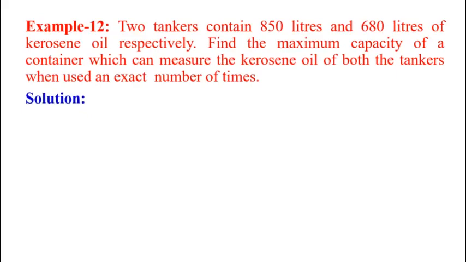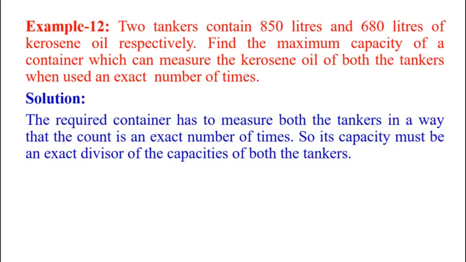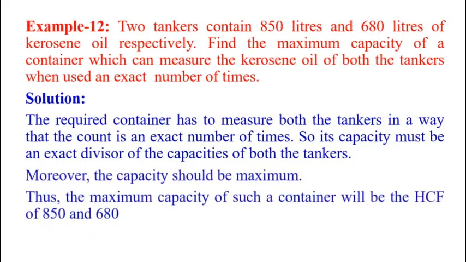Solution: the required container has to measure both the tankers such that the count is an exact number of times. So its capacity must be an exact divisor of the capacities of both the tankers. Moreover, the capacity should be maximum. Thus, the maximum capacity of such a container will be the HCF of 850 and 680.